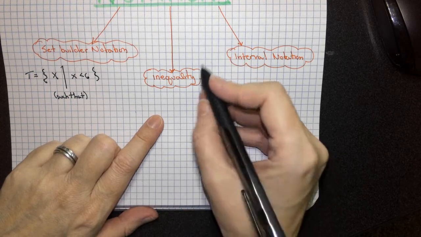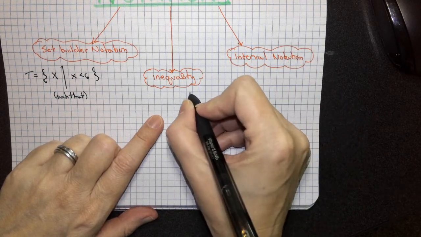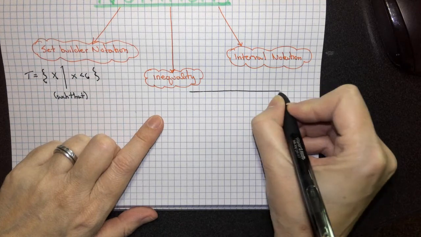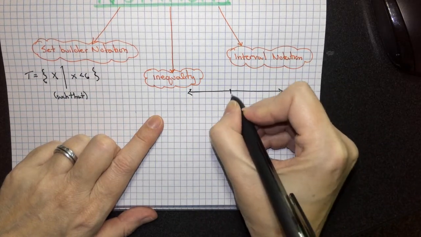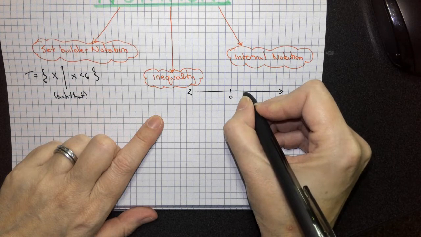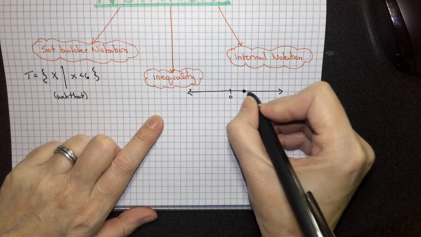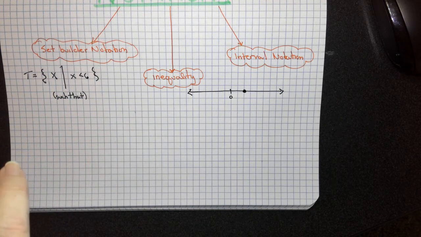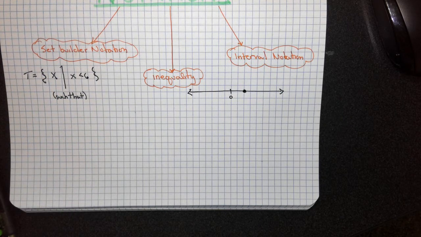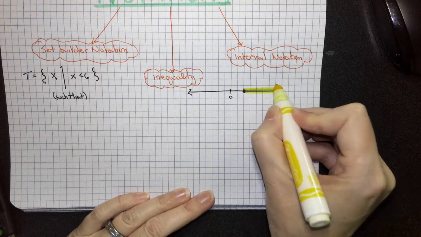Inequalities. Okay. So let's say I was using this graph, and I'm going to use this graph for both these situations right here. All right, so let's say I have, here's my 0, and I'm going to put something at 2. I'm going to put a closed circle, and I'm going to use my marker, so I feel like you guys can see it better. I'll use a yellow one. It may turn out ugly over the black line.